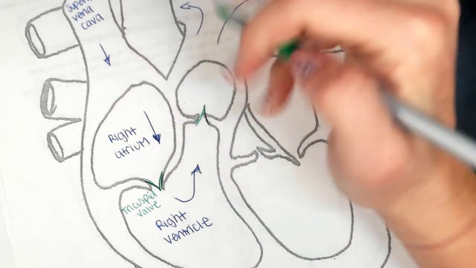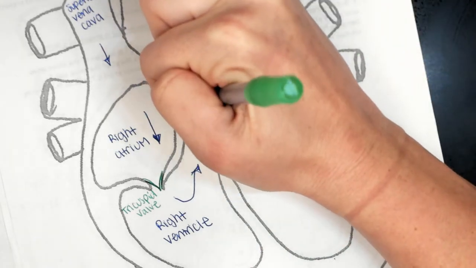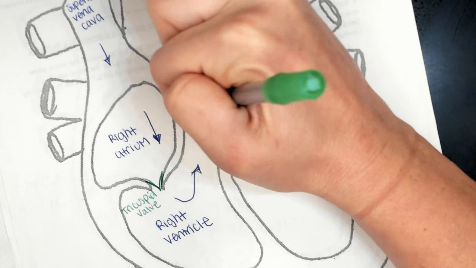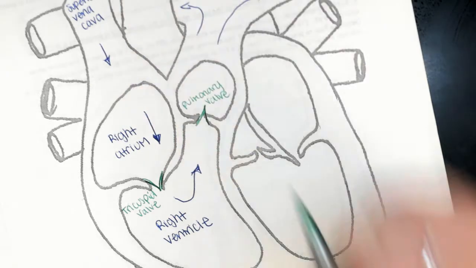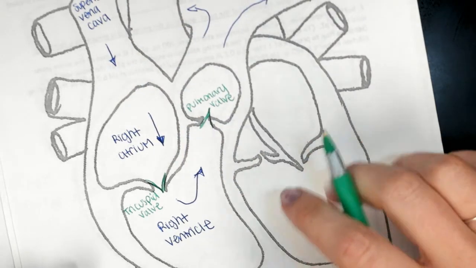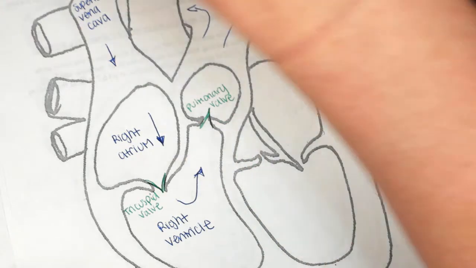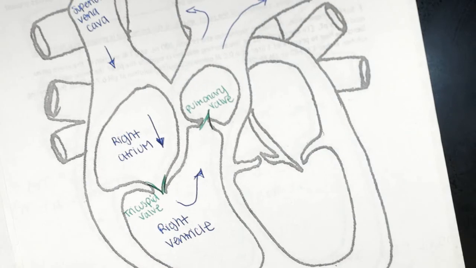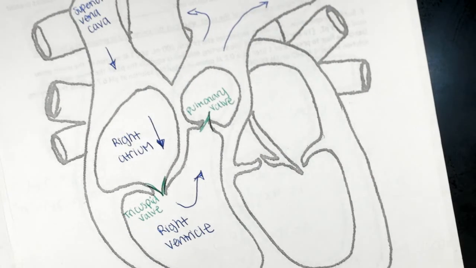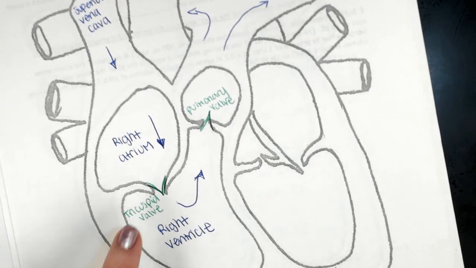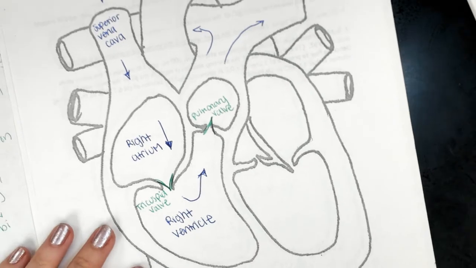So this valve right here is called the pulmonary valve. Because this is the valve that's having us make our way to the lungs. Okay. So the only tricky one was the tricuspid and bicuspid, which we'll talk about in the next video.